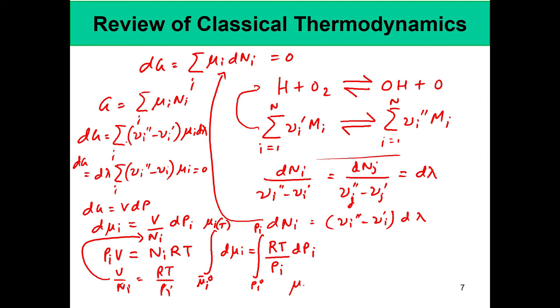Then this gives mu i(T) minus mu i 0(T) is equal to RT ln Pi by Pi 0, where Pi 0 is always 1 bar, so this is equal to 1.